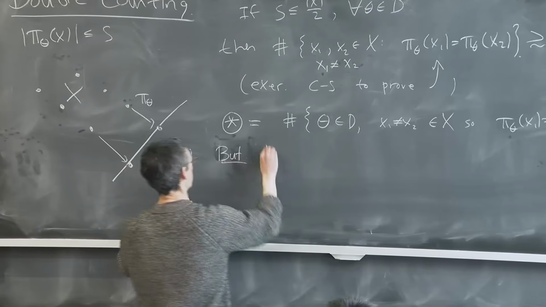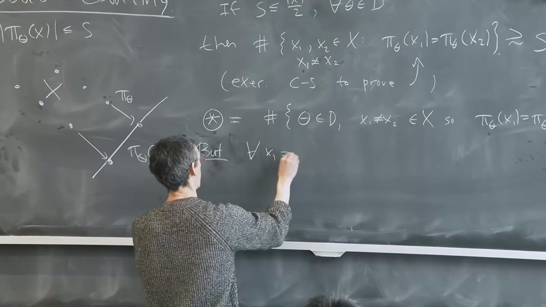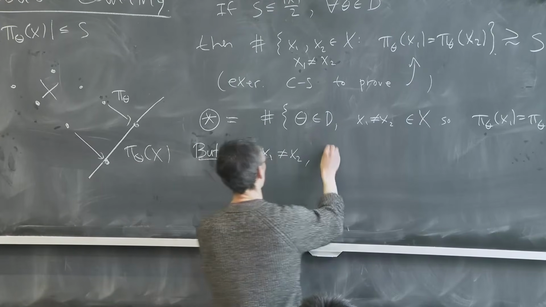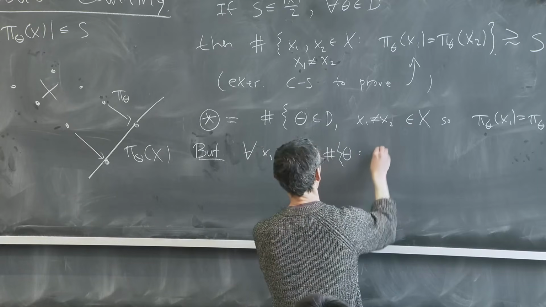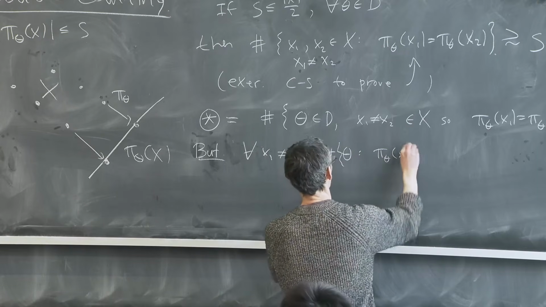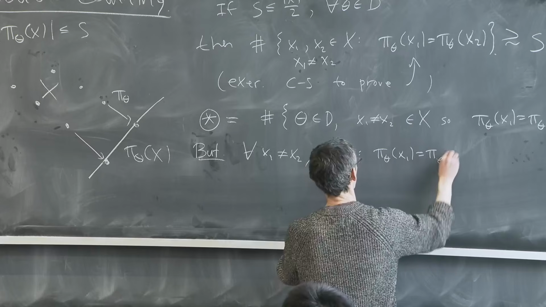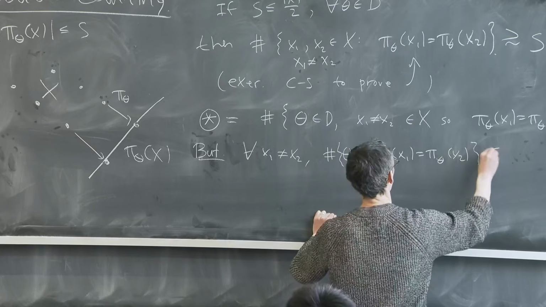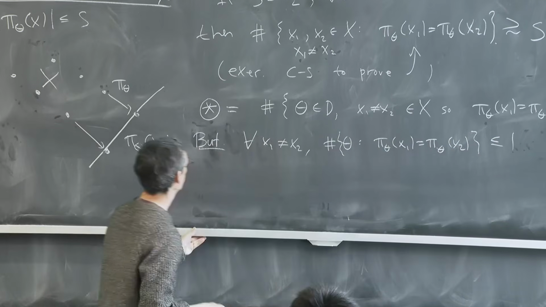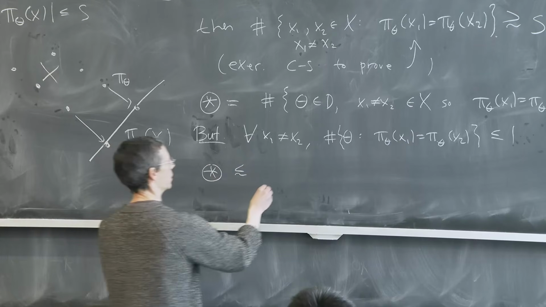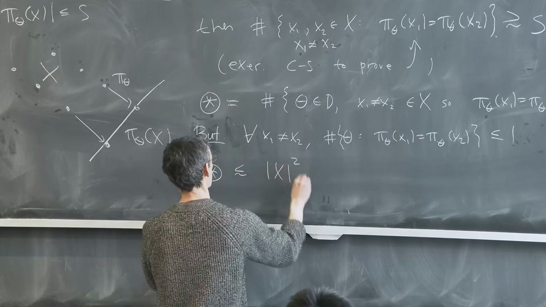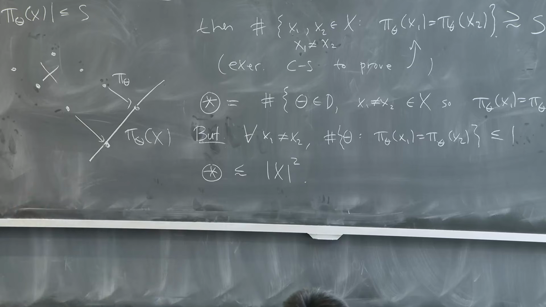For any points x1 not equal to x2, the number of theta so that pi theta of x1 equals pi theta of x2 is at most 1. And that gives us an upper bound for star. Star is upper bounded by x squared. Once you choose x1 and x2, there's only one choice of theta.